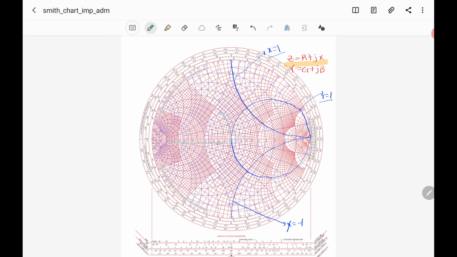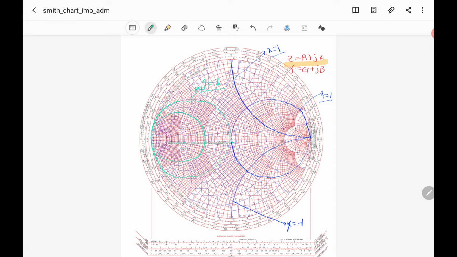So which one is here? So this is G is 1, right? Normalized conductance. G is 1. So you can read the blue one, right? So 1 is here, and as this blue circle becomes small like this, then G becomes larger, right?